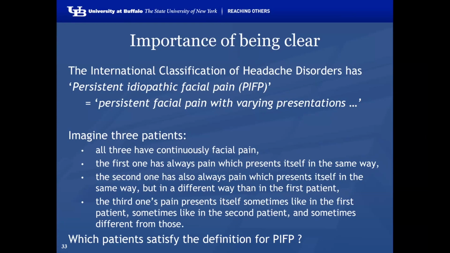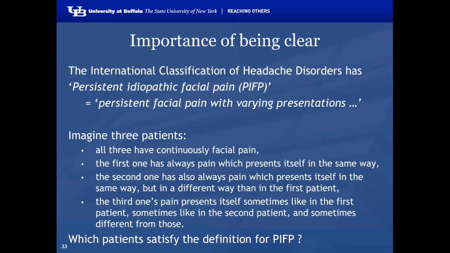So the first one's pain might always be dull, and for the second one it might always be throbbing. And then the third patient's pain presents itself sometimes like in the first patient, sometimes like in the second patient, sometimes different from those. Which of those 3 patients satisfy the definition for persistent facial pain with varying presentations?